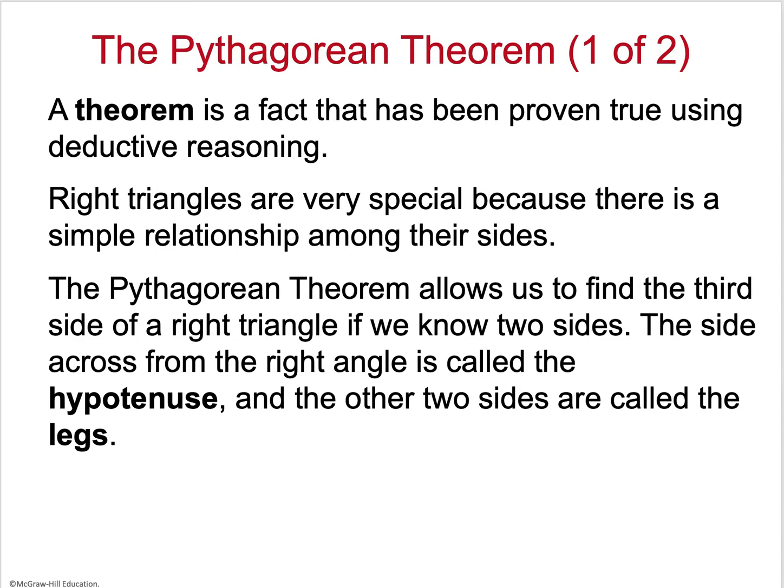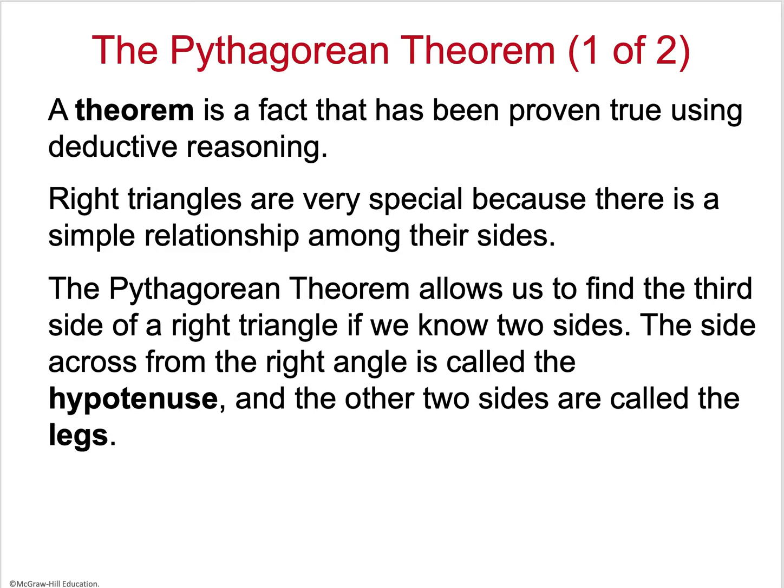The Pythagorean Theorem is a very popular theorem, and it's been proven true many times over with deductive reasoning. It is very specific to a right triangle. If you do not have a right triangle, you cannot use it. The hypotenuse of a right triangle is going to be the longest side, which is also opposite the right angle.